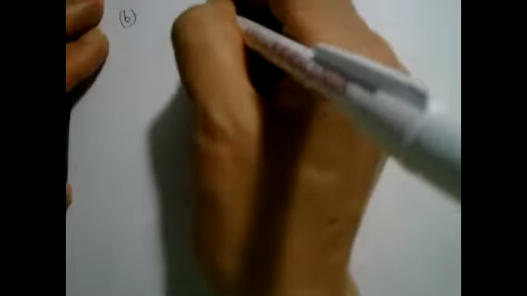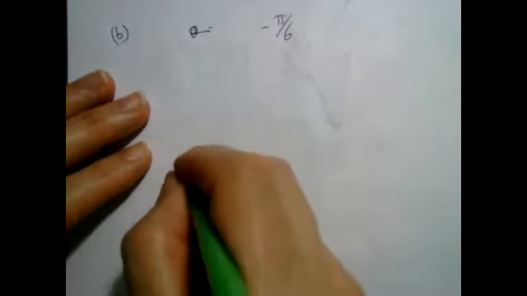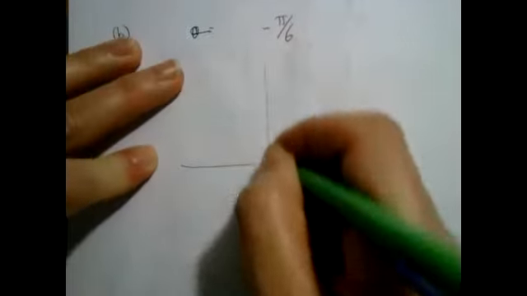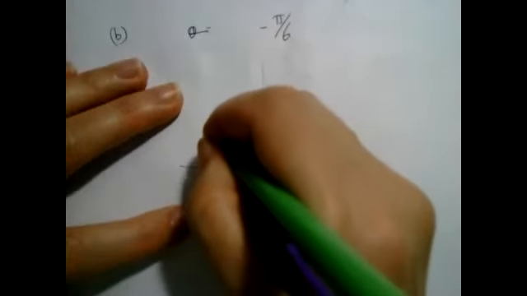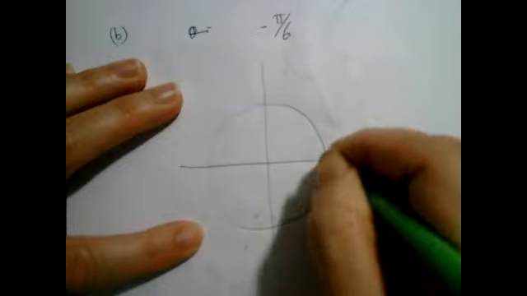My angle is minus pi over 6. So again, we draw the unit circle. That's my unit circle. I draw it again.